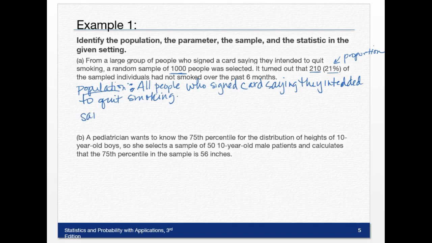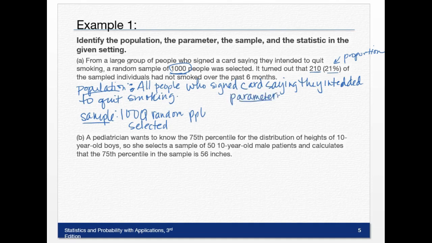Our sample is the 1,000 random people selected. That's the sample. Then let's find the parameter. What parameter are we looking for?